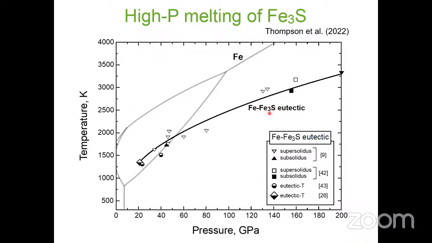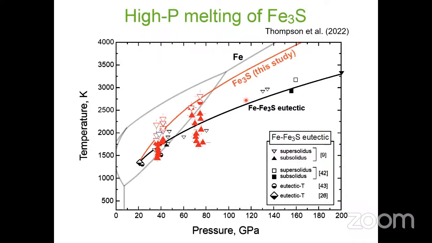Okay? So Fe3S becomes stable above 20 GPa. So people studied its eutectic relationship above 20 GPa, and they constrained the melting point, the eutectic point. And at that time, no data was available about the Fe3S melting point.